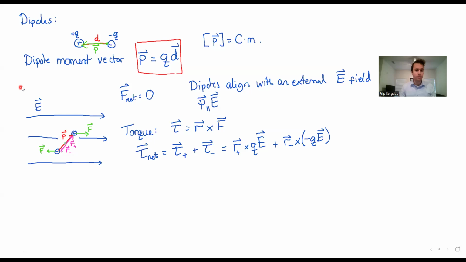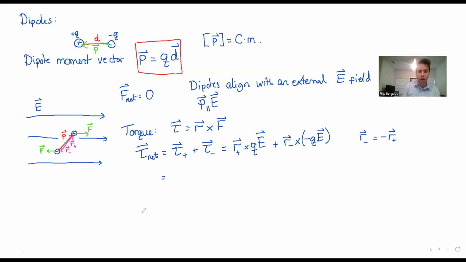So we can write this using that the r plus and the r minus vector are identical except they point in opposite directions. So r minus is actually just minus r plus, right? They're the same vector but point in opposite directions. So there's just a minus sign there.